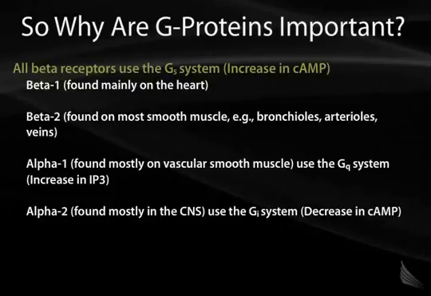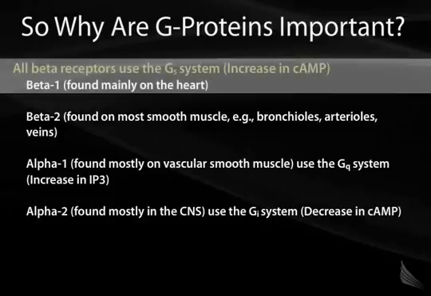So one additional consideration when talking about the pharmacology of all of these receptors is to recognize that almost all of them utilize G proteins. We talked about G proteins in some detail in a previous lecture, and here we see their utility again. All beta receptors use the G sub S system, and as you recall, the G sub S system acts to increase cyclic AMP levels.